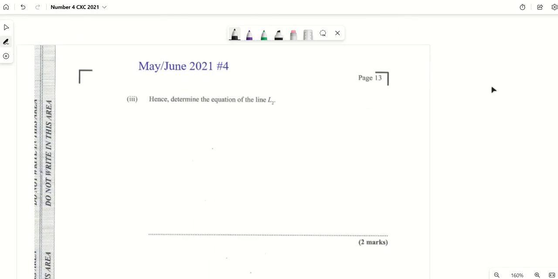There's a property for perpendicular lines. When you multiply their gradients, m1, the gradient of line 1, multiplied by m2, the gradient of line 2, is always equal to negative 1.